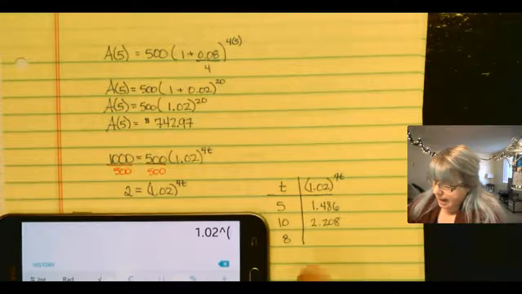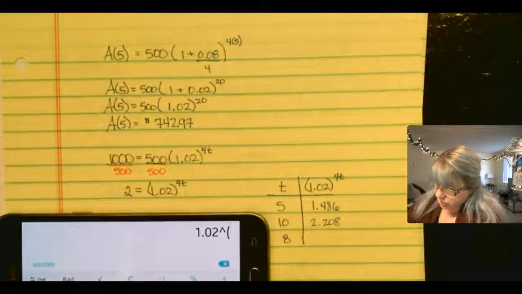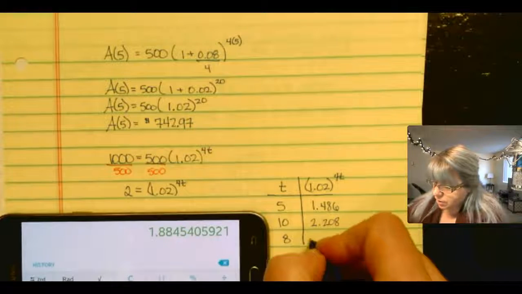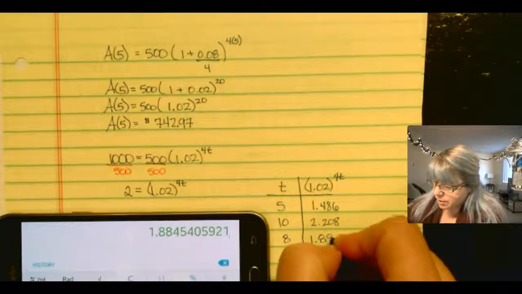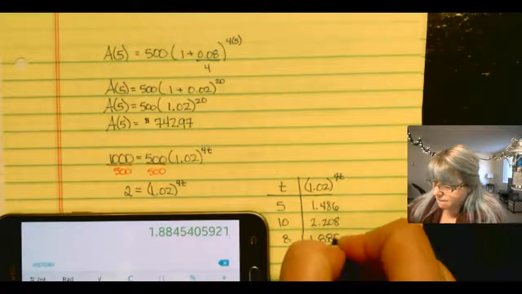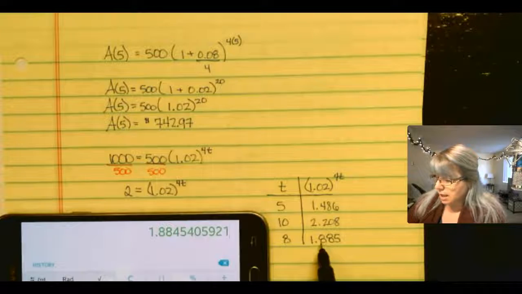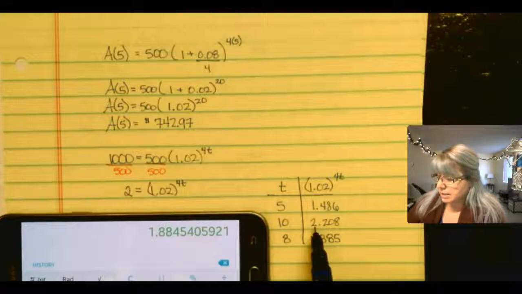1.02, 8 times 4 is 32. We're getting closer. 1.885 we'll round it to. So it does look like it's in between 8 and 10 because 1.885 is in between 1.8 and 2.2.